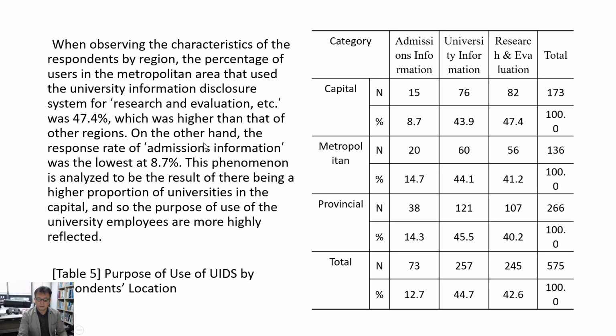On the other hand, the response rate of admission information was the lowest at 8.7%. This phenomenon is analyzed to be the result of there being higher proportions of university employees in the capital, and so the purpose of use of the university employees is more highly reflected.